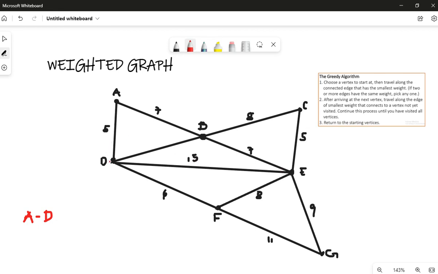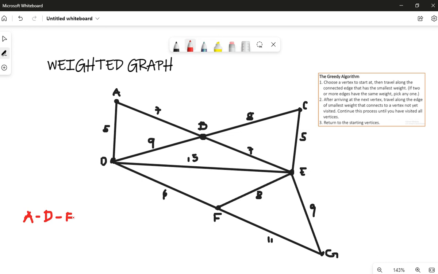And the edge from vertex D to vertex B is 9. So I have D to B, which is 9, D to E, that is 15, and D to F, which is 6. So the smallest is 6. Therefore, I will go to vertex F.